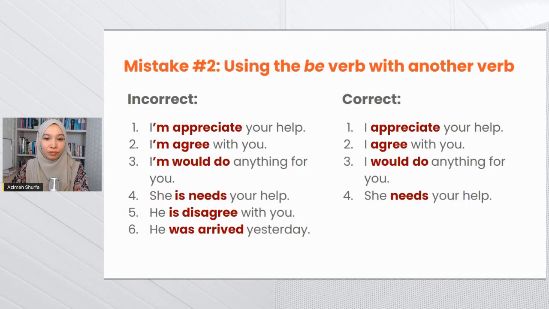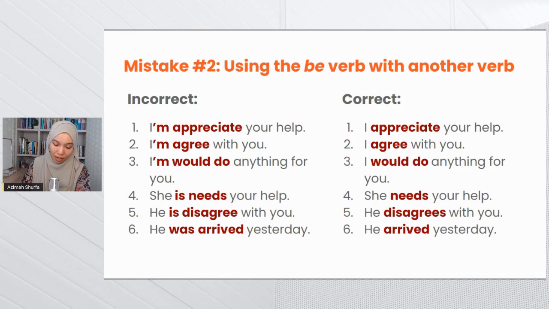Number 4. She needs your help. Number 5. He disagrees with you. And number 6. He arrived yesterday. So remove the be verb in a sentence that contains another verb.